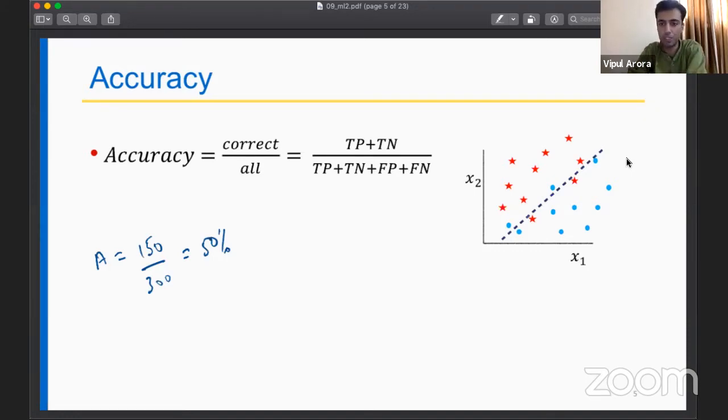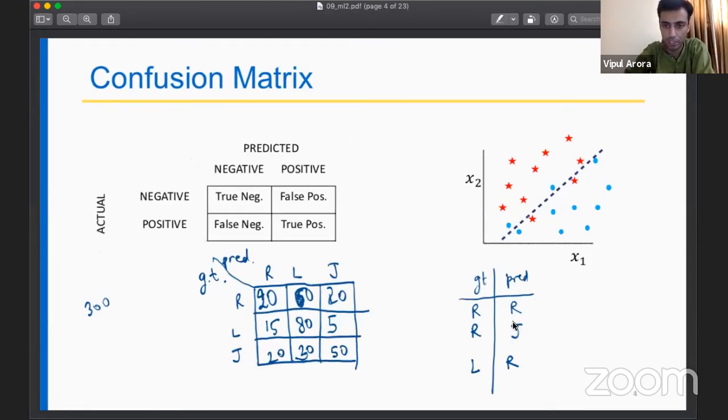There's a question from Diksha. What's that GT predicted table below the X1, X2 graph? Okay, yes. So what is this table? Let's say for this sample, the ground truth is a rose and predicted also is a rose.